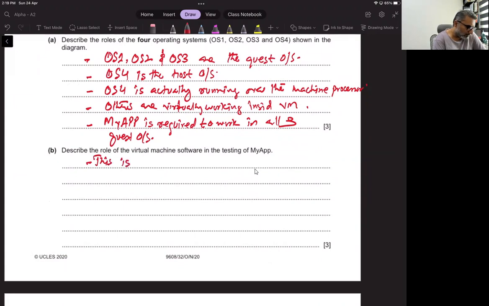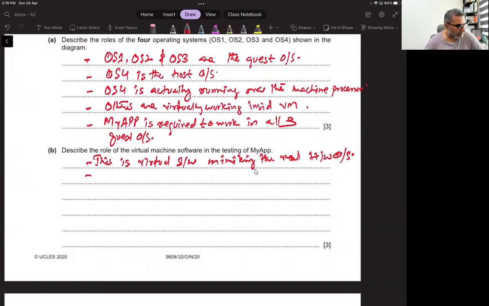This is virtual software mimicking the real hardware, okay, operating system, number one.